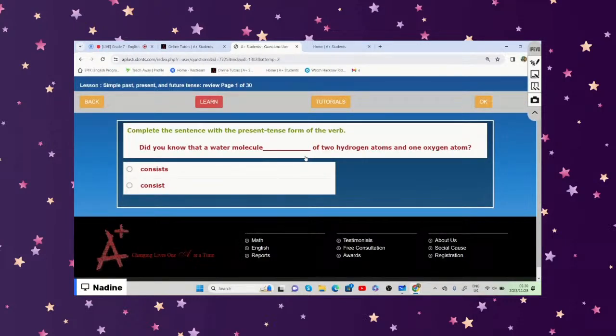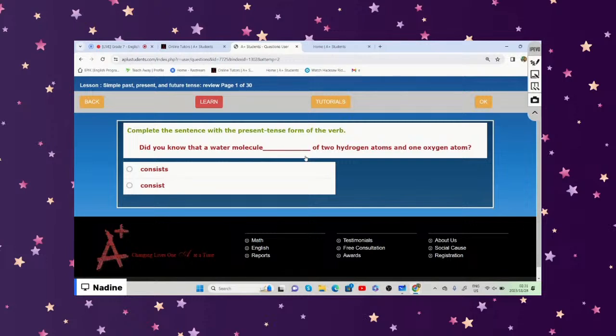And remember with the past tense, we just add an ed, or we change the consonant y and add an ied. We need to complete the sentence with the present tense form of the verb. Remember the present tense, it's happening now.